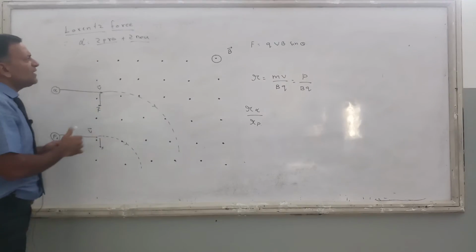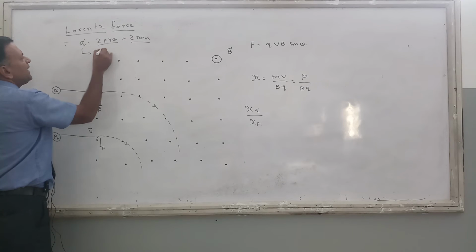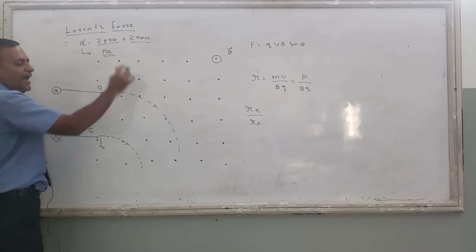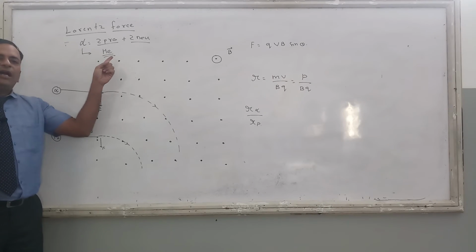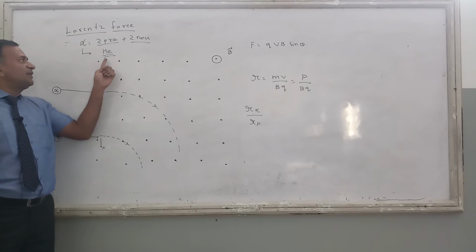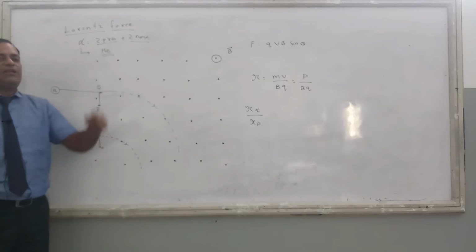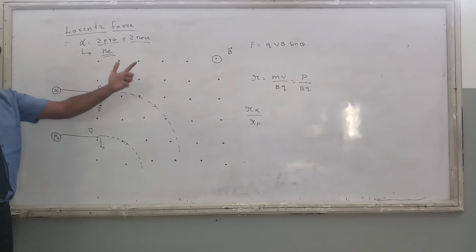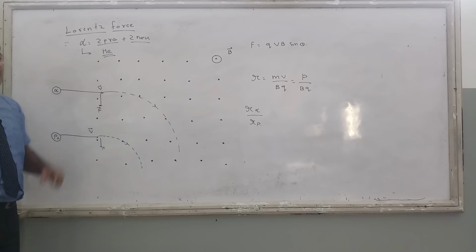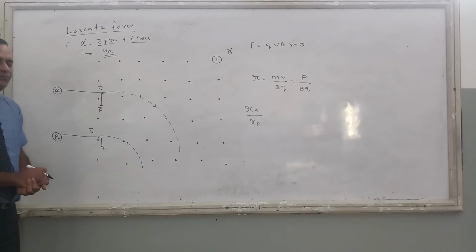Plus you can also say that this alpha particle is the nucleus of helium atom. Helium atom, you know what is the atomic number? 2. And the number of protons and electrons, there are 2 protons and 2 electrons. So whether in the question it is given that nucleus of helium or it is given that it's alpha particle, they are the same thing.